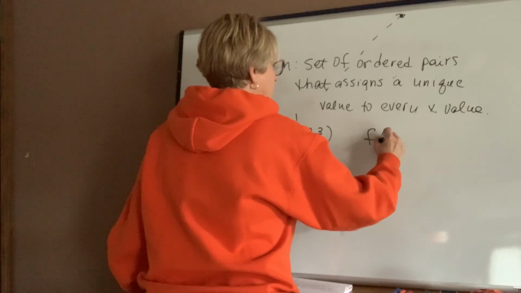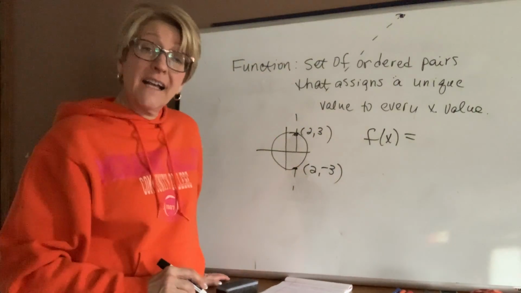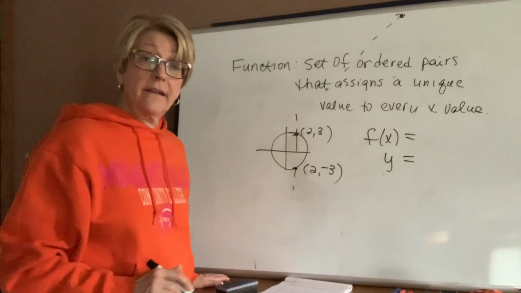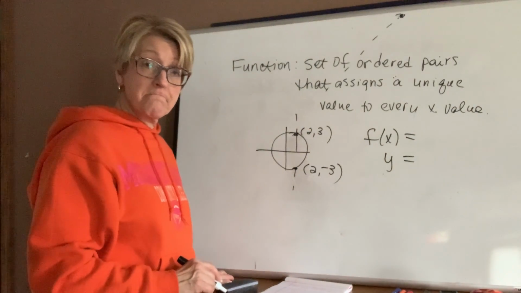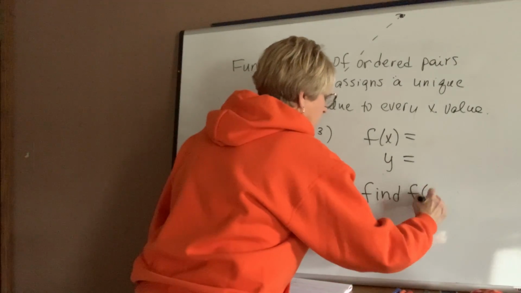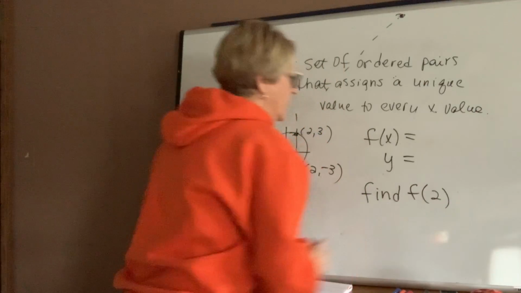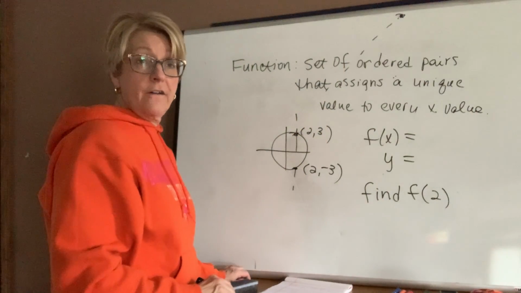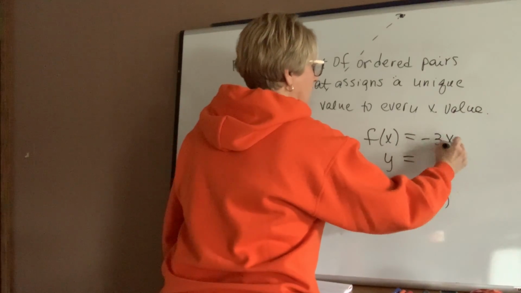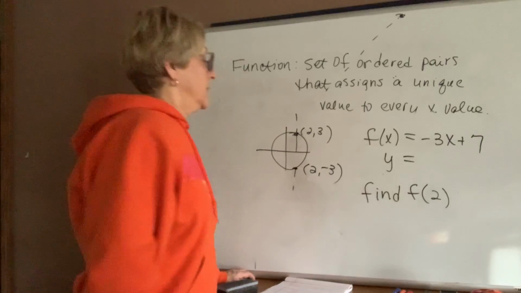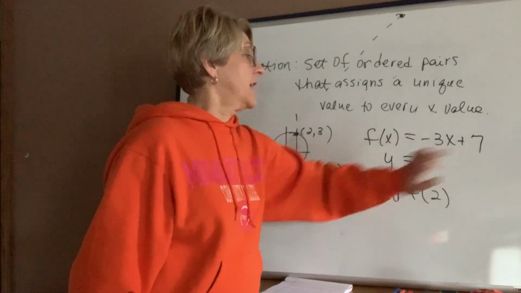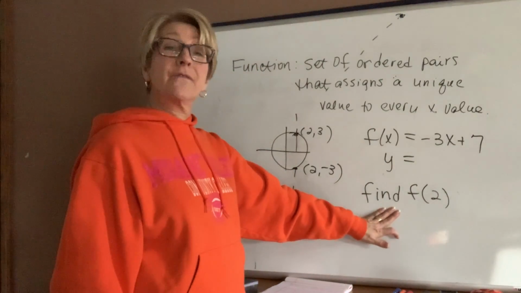Function notation is f of x, which is just another way of saying y. Okay. Find f of 2. So, for example, if I give you a function, so here's our function, here's our linear equation, y equals negative 3x plus 7, and I ask you to find f of 2.